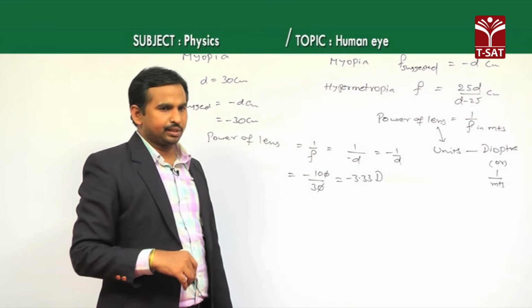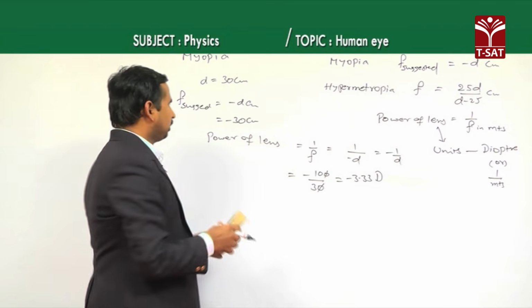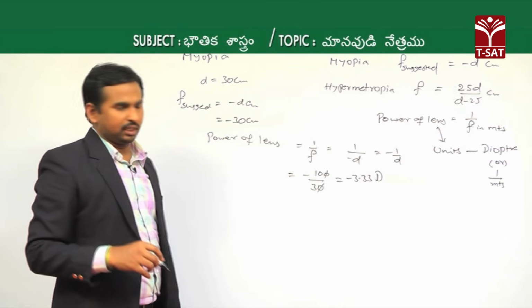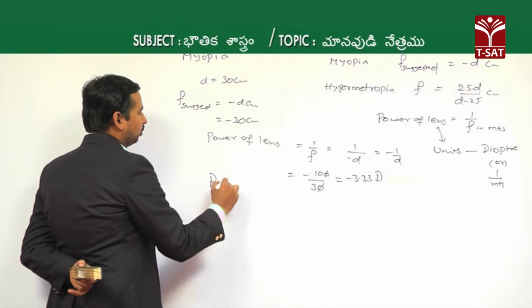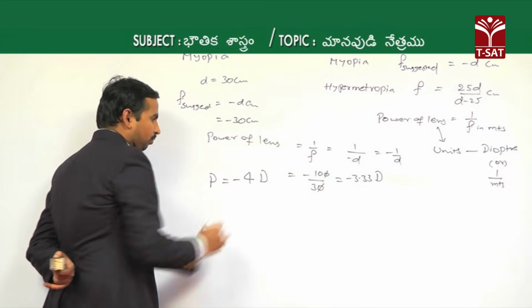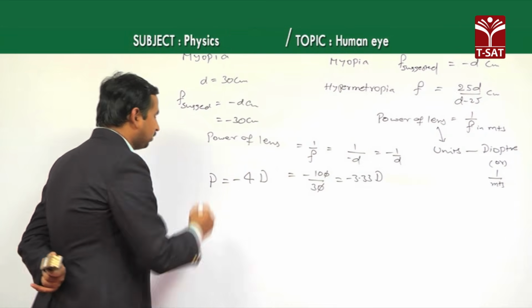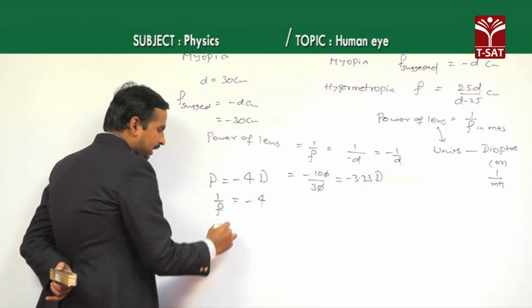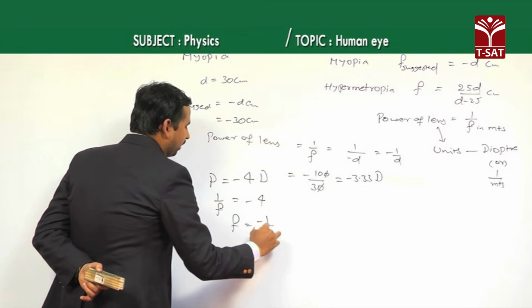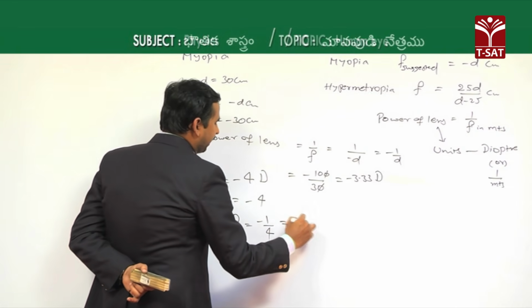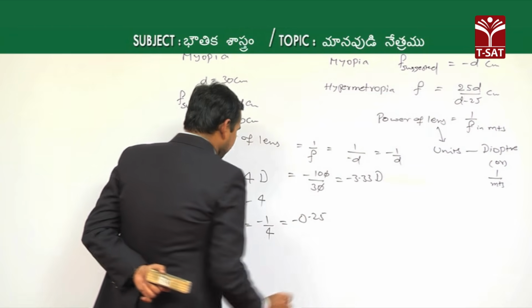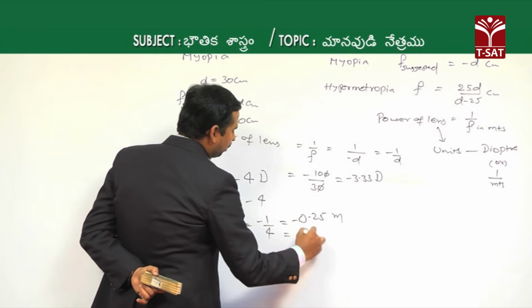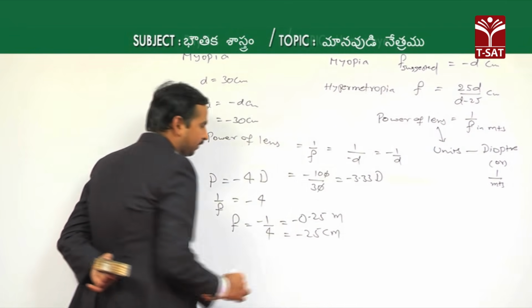Okay. Suppose we have the doctor's prescription, with the focal length or the power required given as P is equal to minus 4 D. What do we mean by that? The power, which is 1 by f, is equal to minus 4, then f is equal to minus 1 by 4, which is minus 0.25 meters, or you can also write that as minus 25 centimeters.